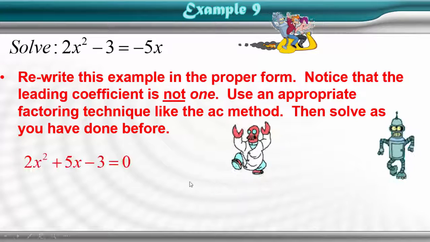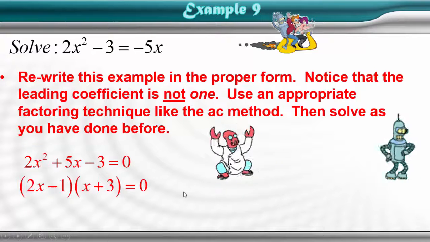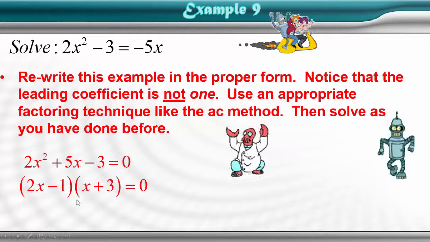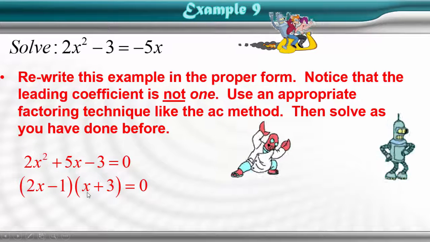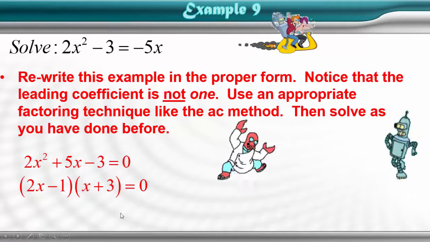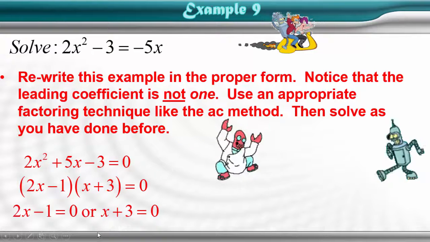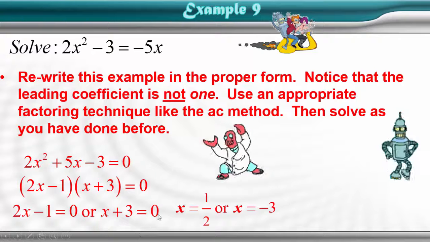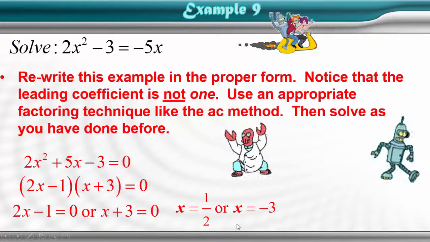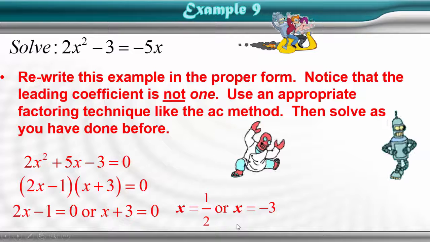Here is our equation in standard form. We factor 2x minus 1 times x plus 3 equals 0. We set each of these factors equal to 0, and we solve them independently to get x is equal to 1/2 or x is equal to negative 3.